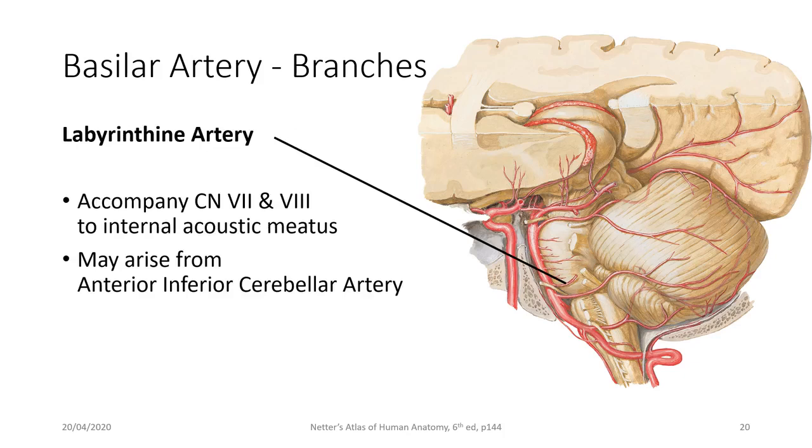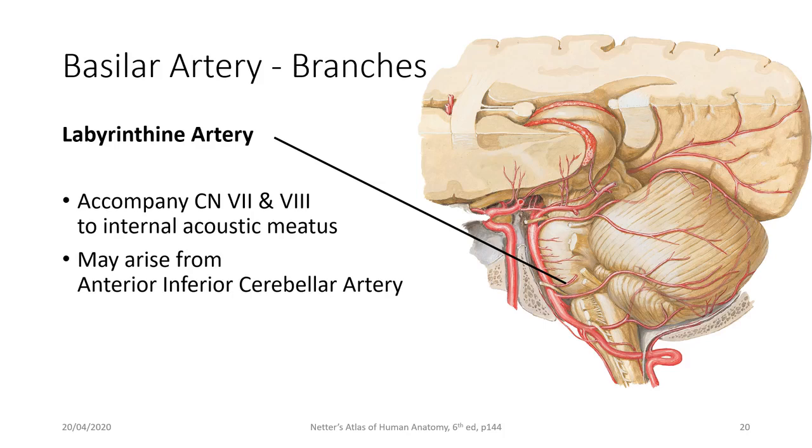And there is the labyrinthine artery. You may not have studied this yet, but the facial nerve and the eighth nerve, the vestibulocochlear nerve, leave the posterior cranial fossa through the internal acoustic meatus to the internal ear.